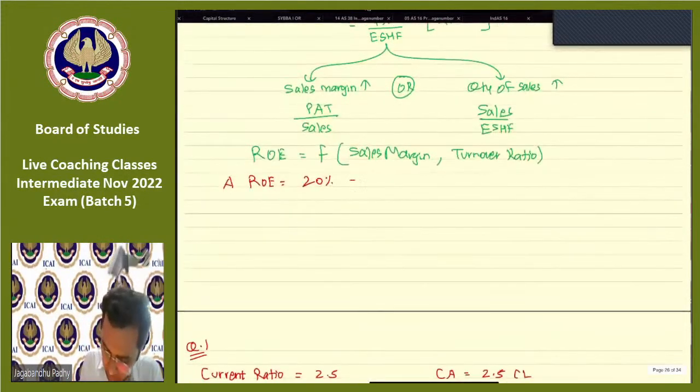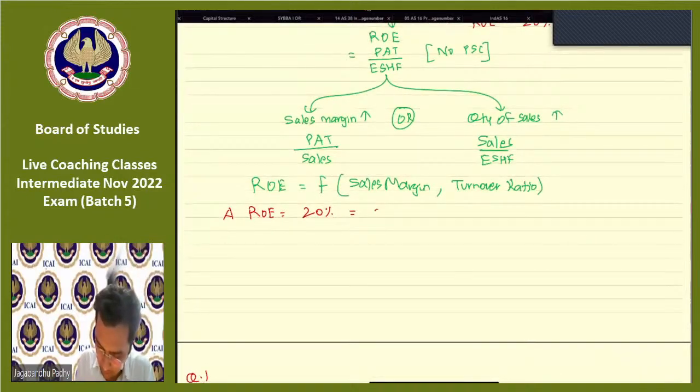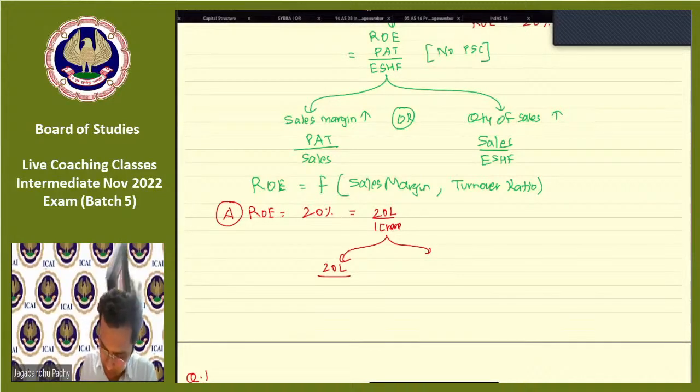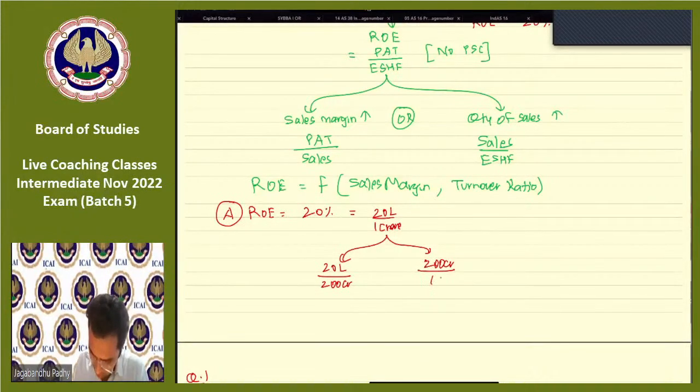But I say that this 20% is derived as 20 lakh upon 1 crore. And I am going to split it further, and I find that 20 lakh is the PAT upon a sales of, let's say, 200 crores. And this is like 200 crores divided by equity shareholder funds of 1 crore.